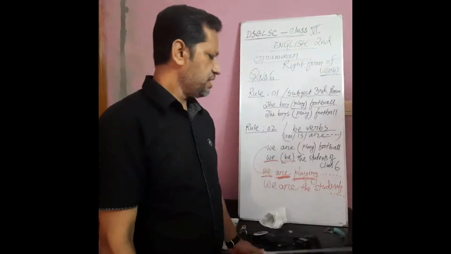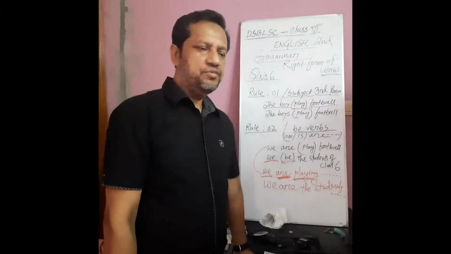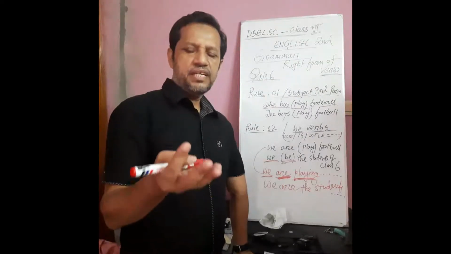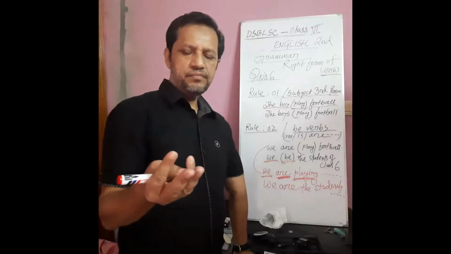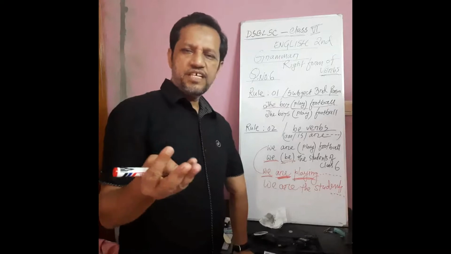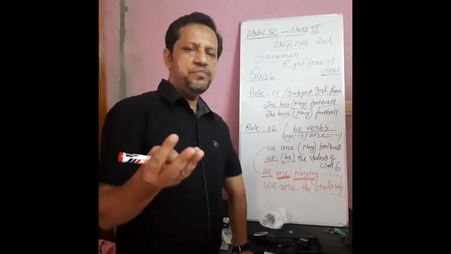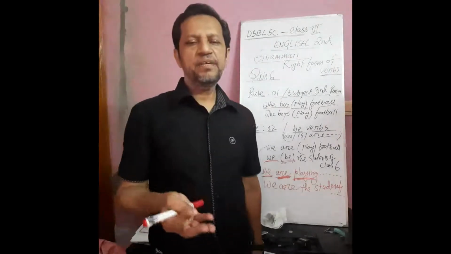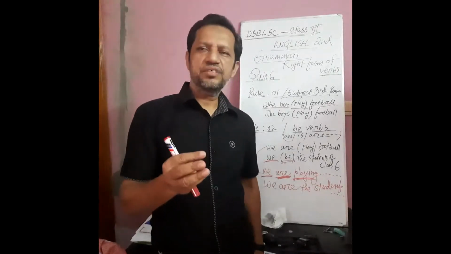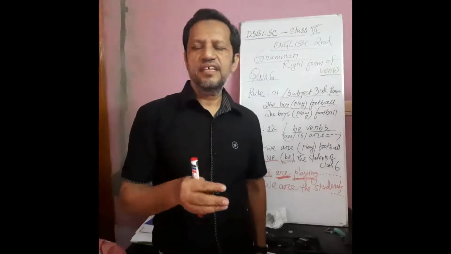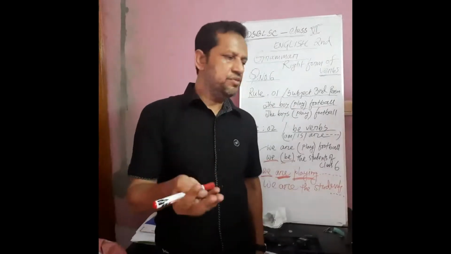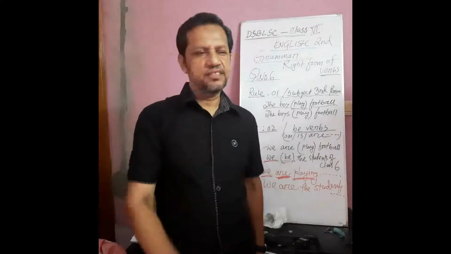That's why we can tell you that the be verbs are actually am, is, are, was, were. These five are called be verbs. Am, is, are are used in the present tense, and was, were are used in the past tense.